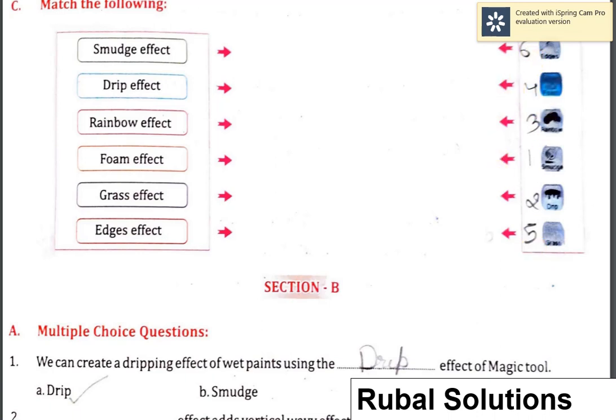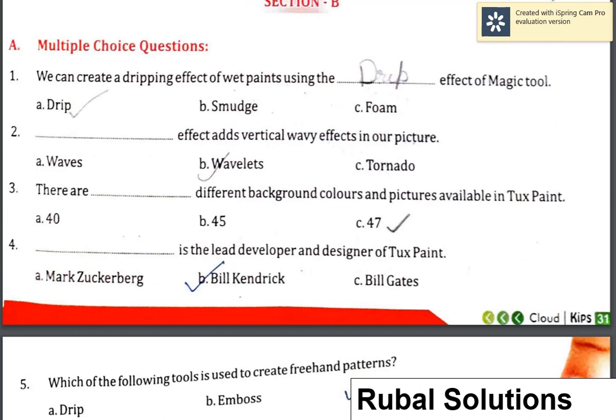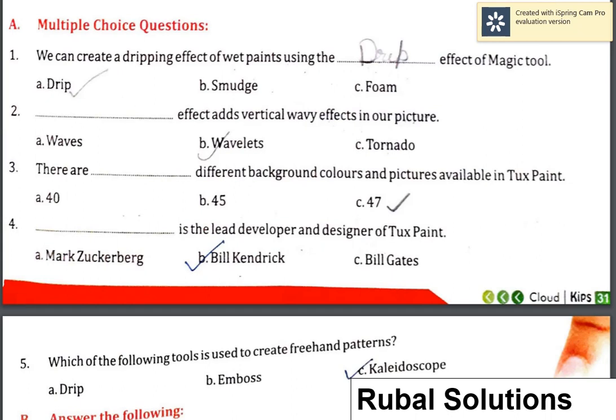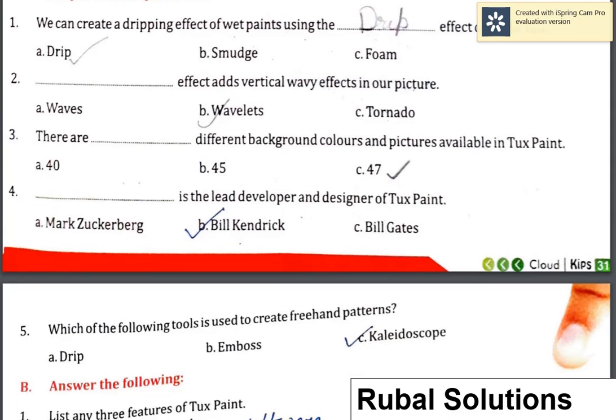Now section B, multiple choice questions. We can create a differing effect of wet paints using the dash effect of the magic tool. The answer is drip. Dash effect adds a vertical wavy effect in our picture. The answer is wavelets.